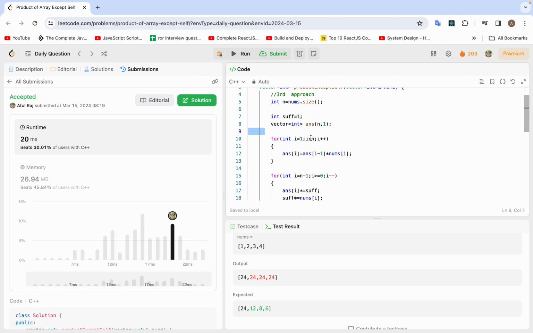This should be 1. I'm just iterating. So this answer minus 1 should equal nums of I. Okay, this should be n minus 1. Right.